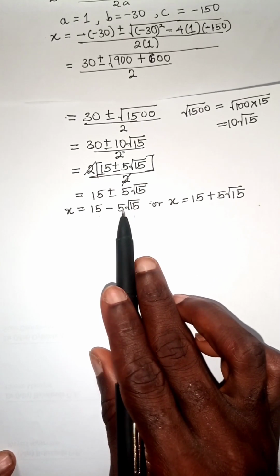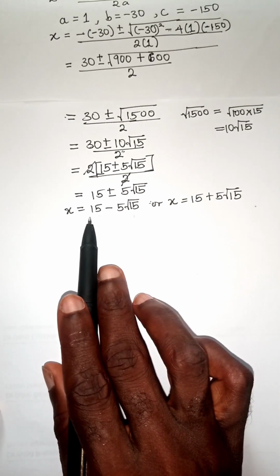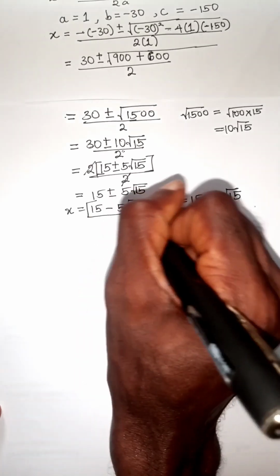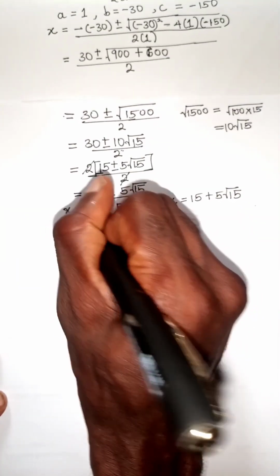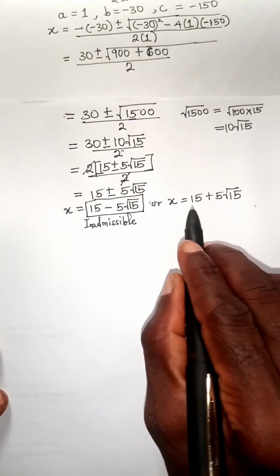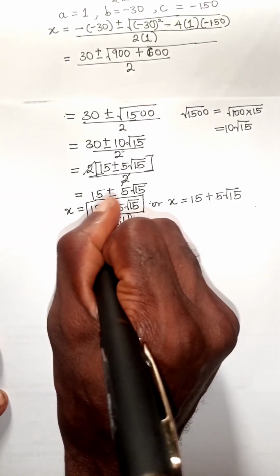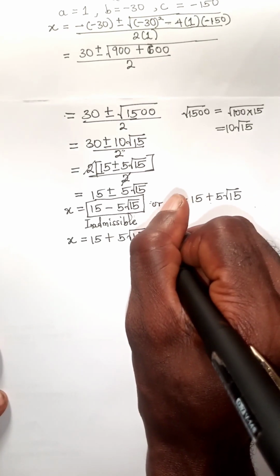So if you multiply 5 by that, the answer is going to be way more than 15. And if you subtract it from 15, we're going to have a negative result. So this value is not possible because time is never negative. So this one is inadmissible. We can't admit it, which means we are left with this positive value. So we can say x is 15 plus 5 root 15 in seconds.